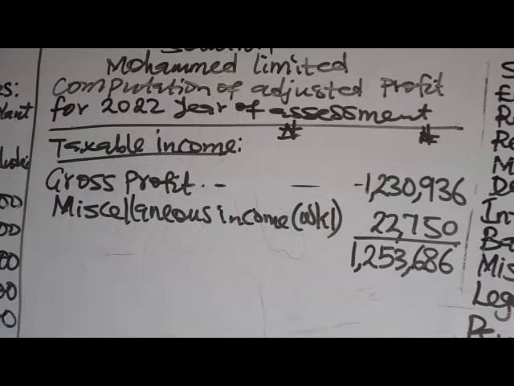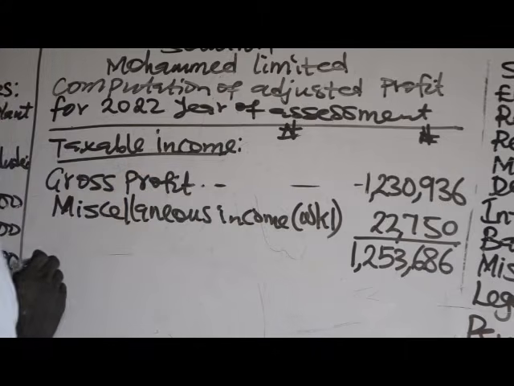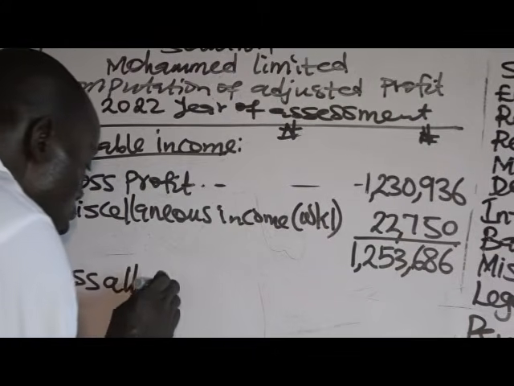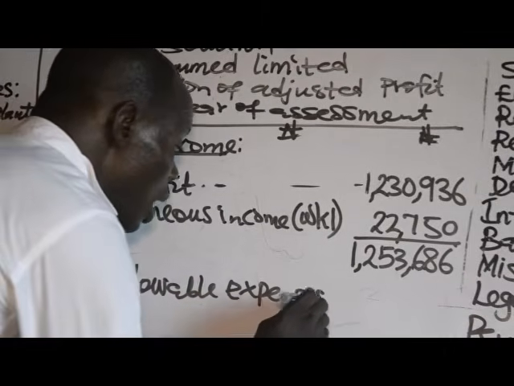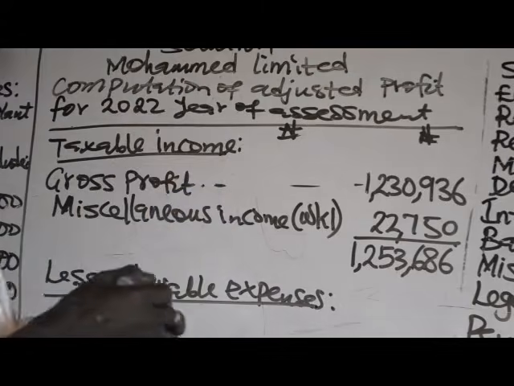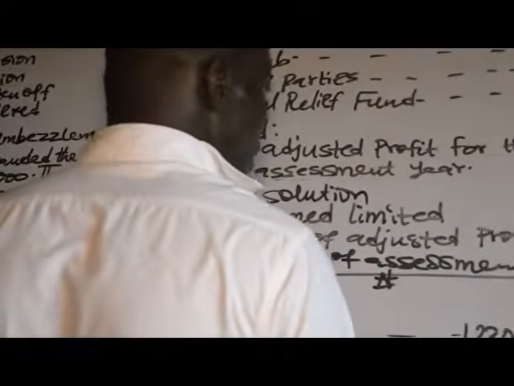Now, from our taxable income we less allowable expenses, both the one reported in the account and the one not reported in the account.